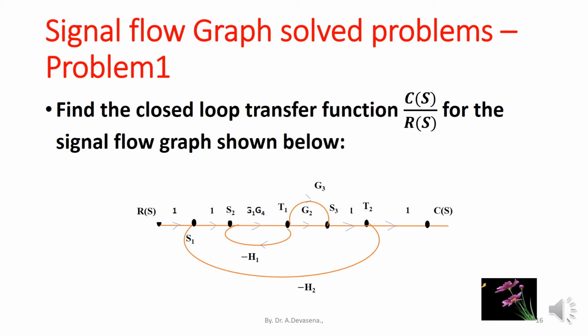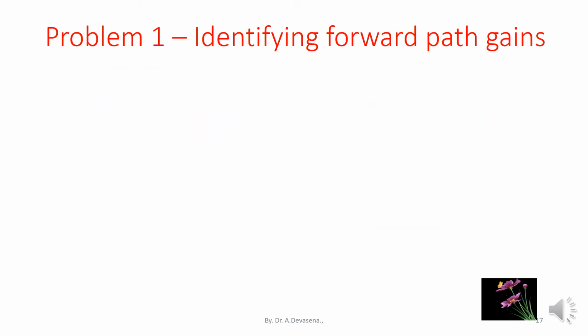From T2, another signal is taken with a feedback value of minus H2, applied to the summing point S1. For this signal flow graph, we have to determine the closed loop transfer function C(s)/R(s). Identifying forward path gains for this problem.